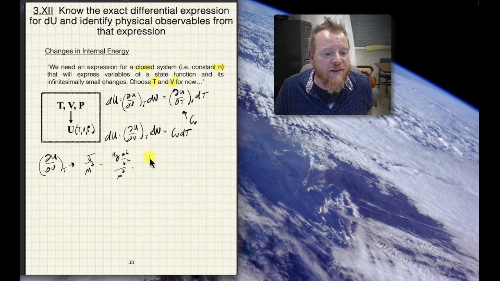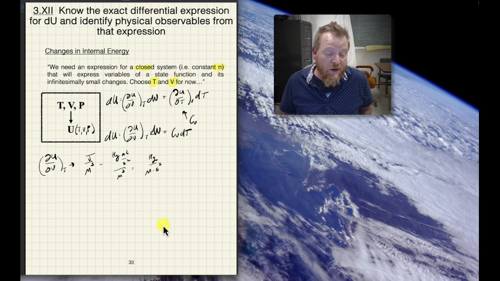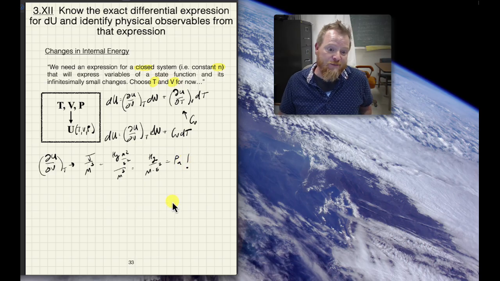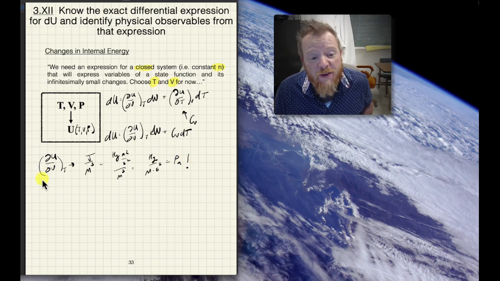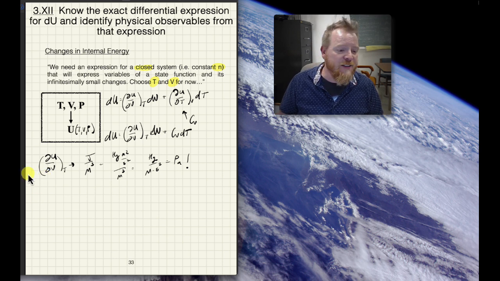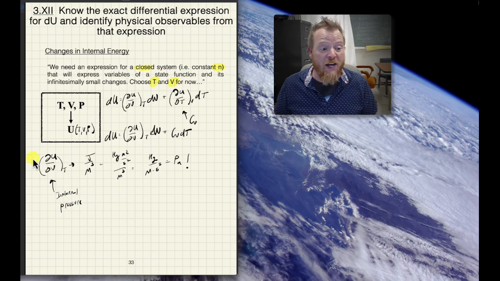That all gives us a kilogram per meter second squared, which is the exact same thing as a Pascal. So this derivative has units of pressure. And as it were, we call this the internal pressure because it manifests from changes in the internal energy.